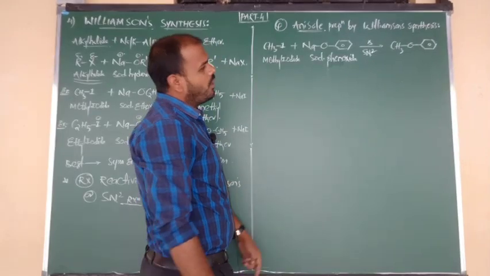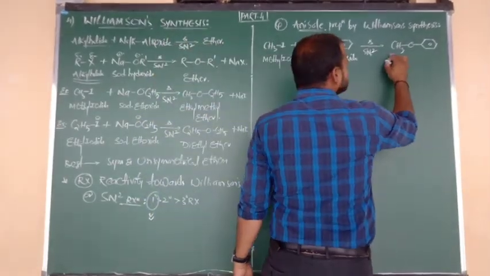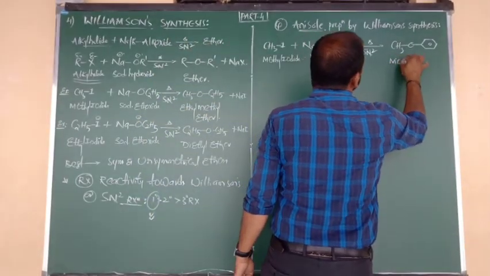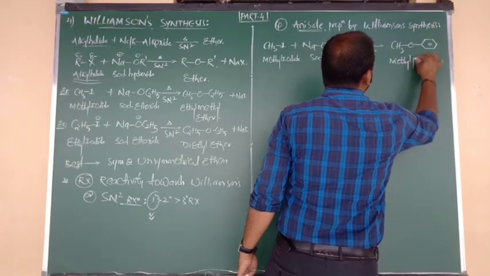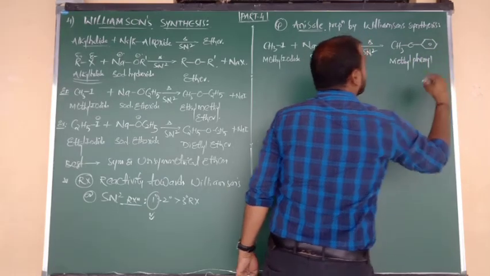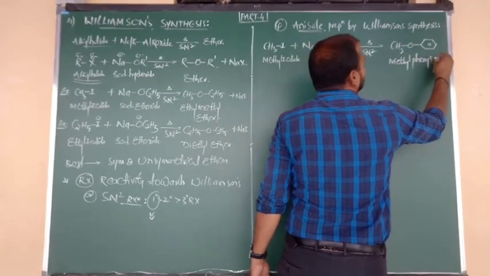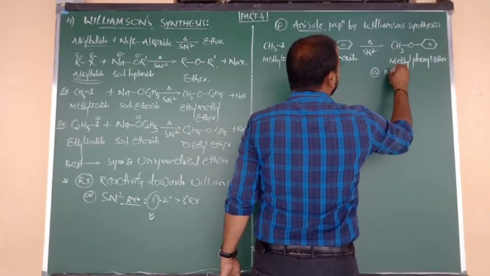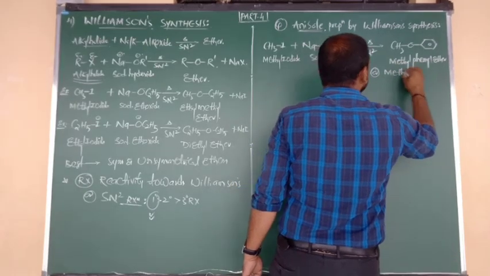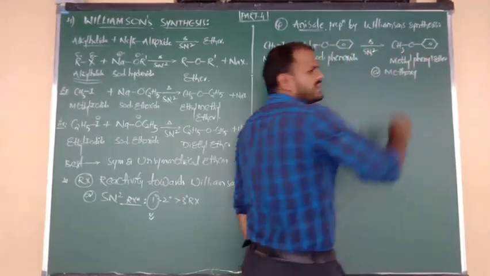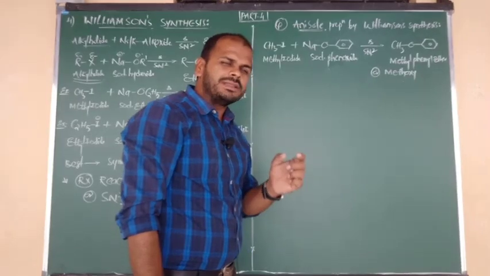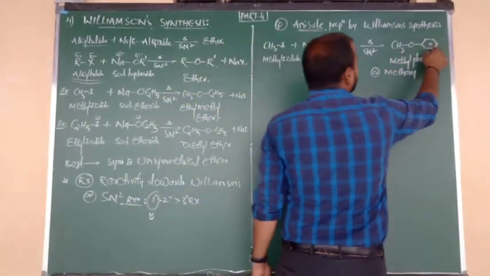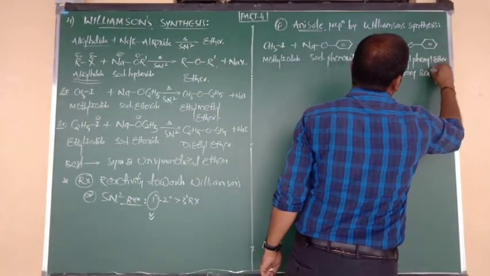It is known as methyl phenyl ether, and what is the functional group, beta? Ether, and also we can say another name, that is methoxybenzene. CH3O is nothing but the methoxy group, beta. So we can say the product is nothing but methoxybenzene.